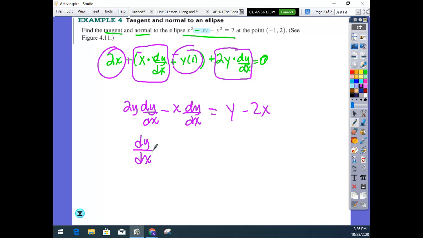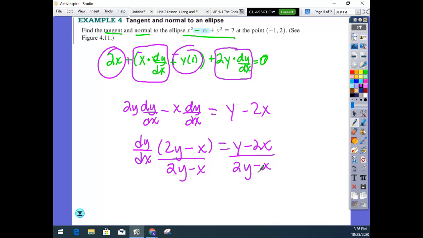Factor out dy/dx. Divide both sides to get dy/dx by itself. All right.